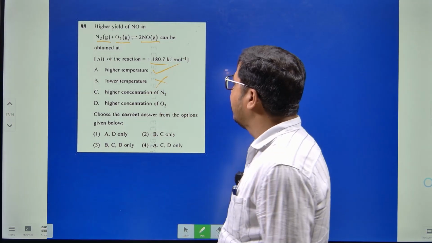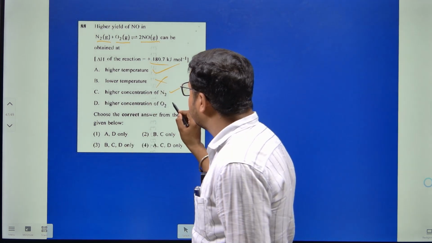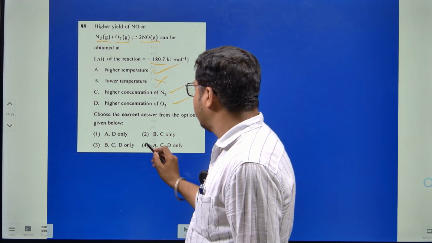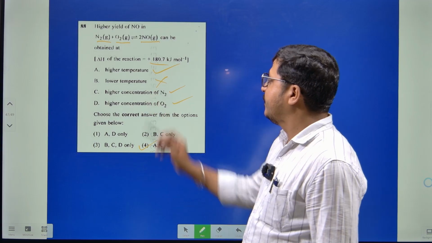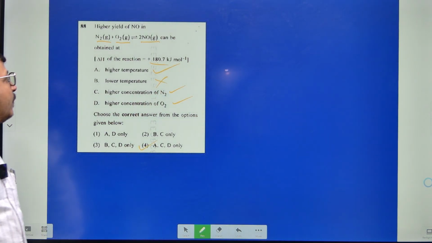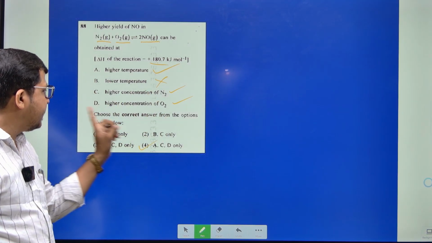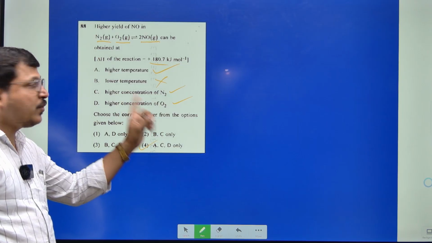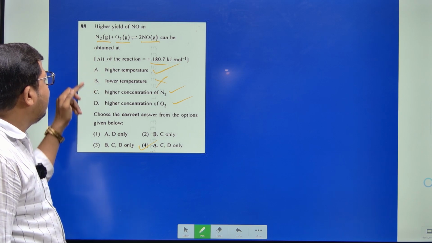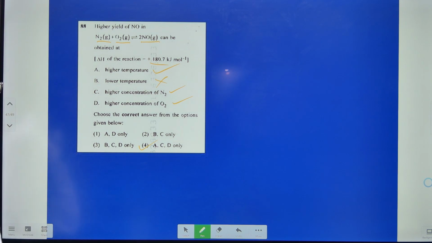Then B is wrong, and higher concentration of nitrogen is required, and higher concentration of oxygen is also required. Therefore, A, C, D are the right options, so the right option is option number 4. The higher yield of NO depends on these 3 factors. Therefore, option number 4 is the right answer.